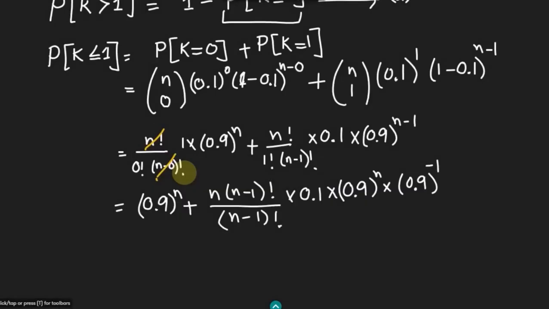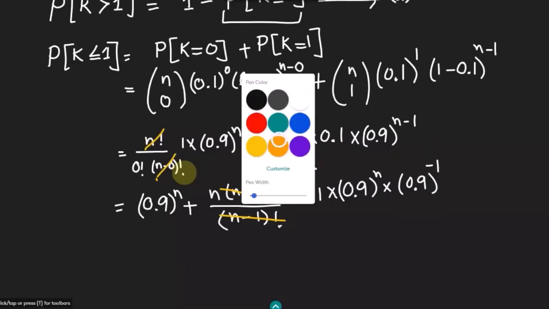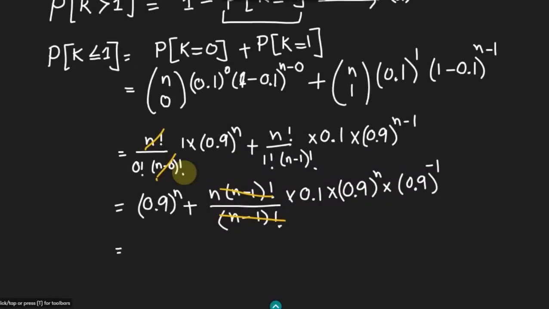So now here we can again see that this will be cancelled out with this one, and these terms will remain here. So I will get 0.9 to the power n plus 0.9 to the power n, and here 0.1 and 0.9, so 0.1 divided by 0.9.